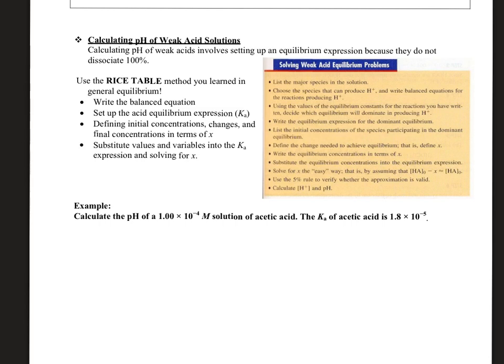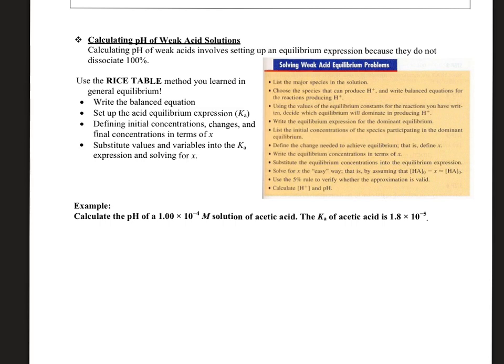When we're calculating the pH of a strong acid, we assume 100% dissociation or really high K value. So our equilibrium doesn't even include reactants. In the weak acid solution, there's only partial dissociation.